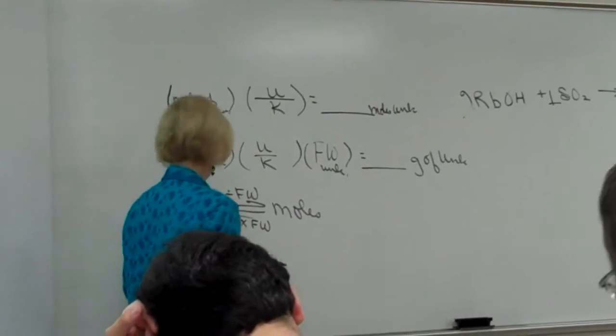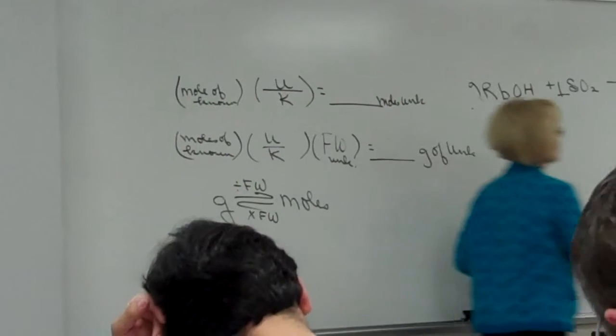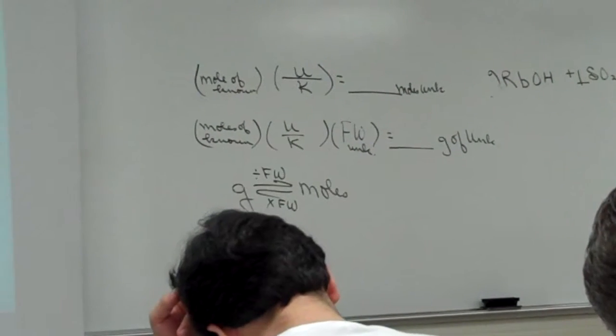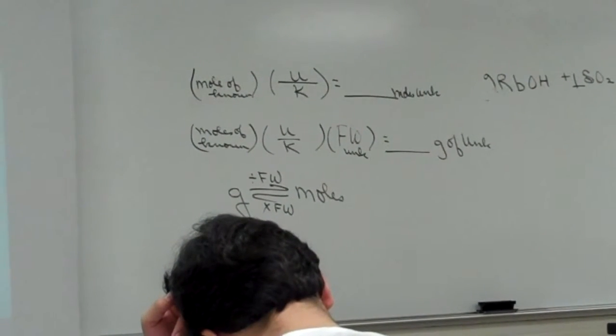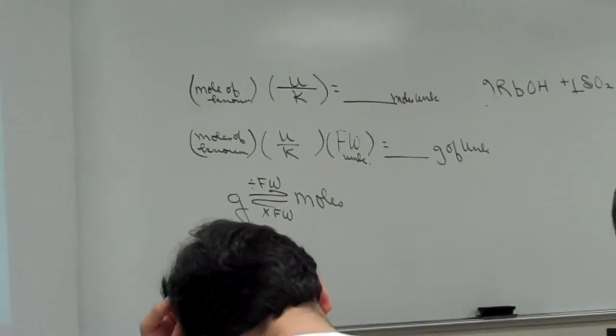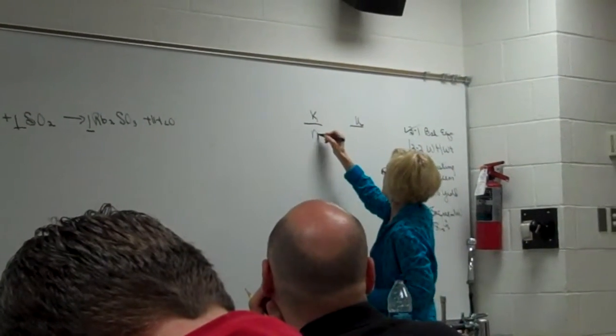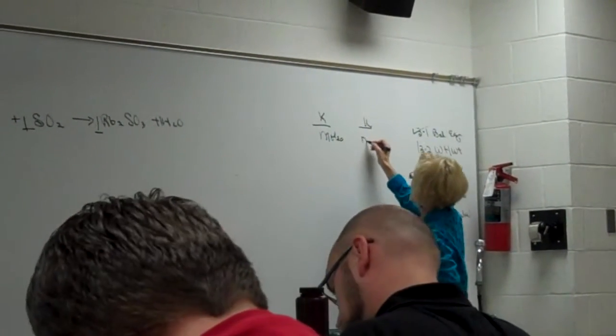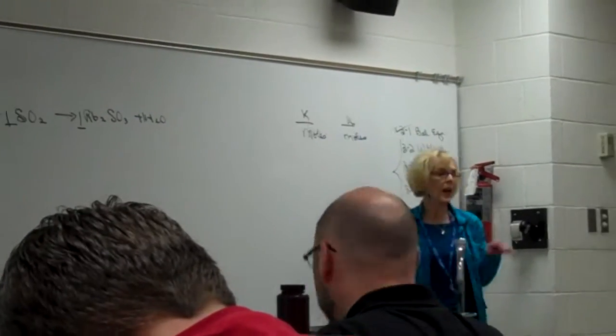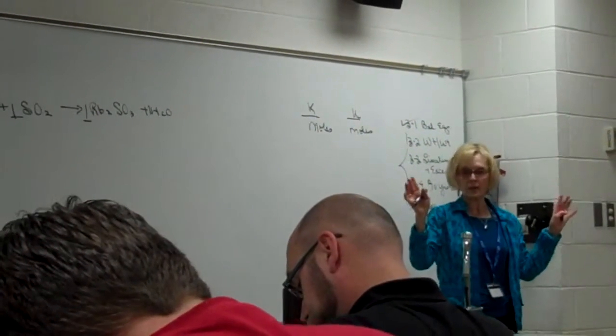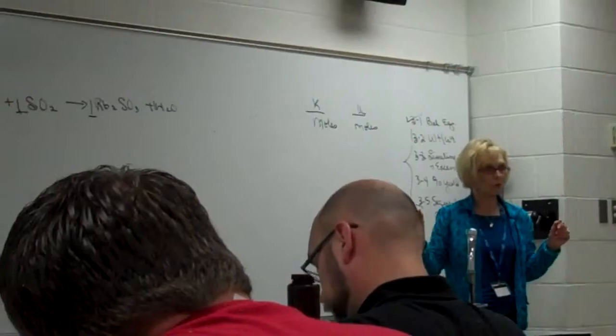Okay, now, there are various kinds of problems here, and let's make a list. Here's my known category, here's my unknown. You can be given moles, and they ask for moles. Great, that's the easiest way to go.